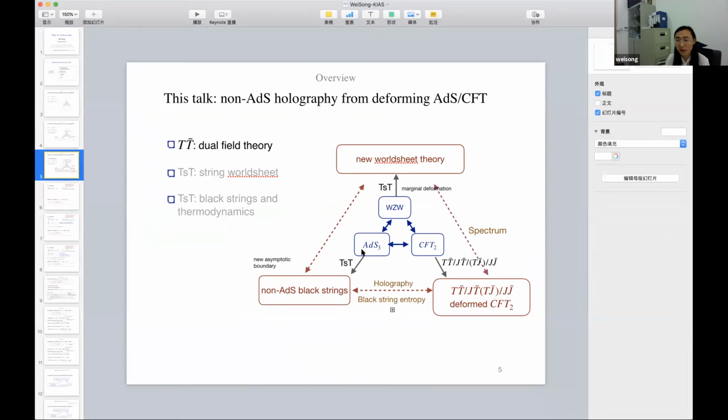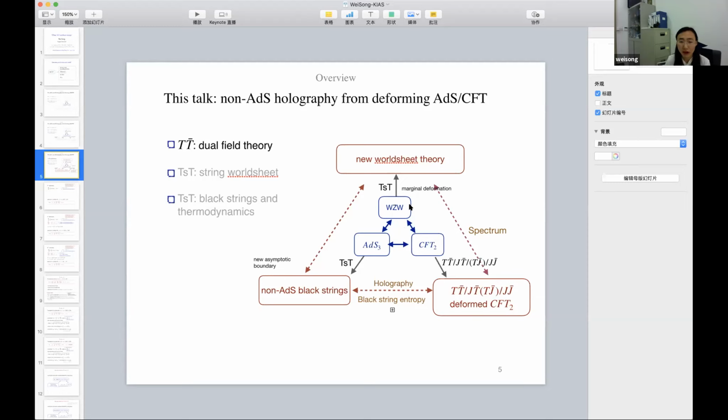I have these three corners. The AdS3, CFT2, and WZW model are the three corners or three descriptions I was talking about before the deformation. And in the field theory side, I will do a TTbar deformation, and that would lead to a new field theory.